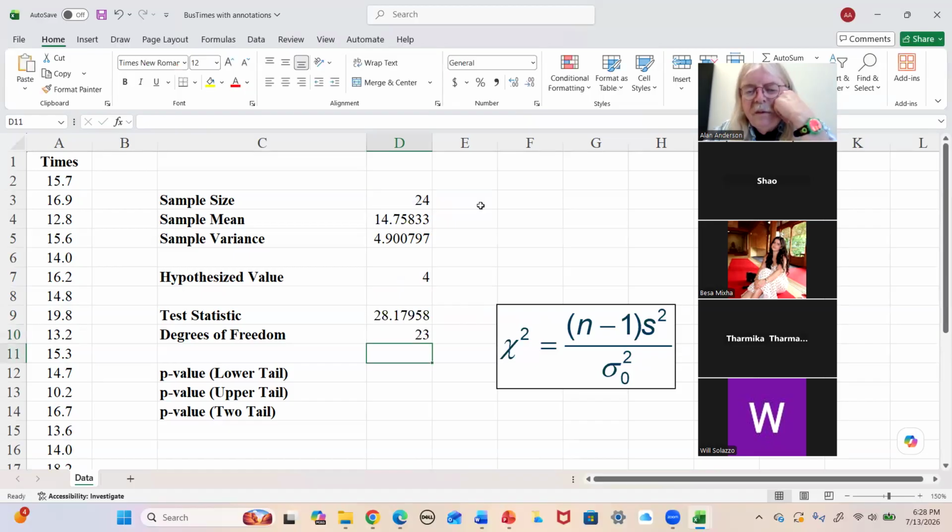Now, I went over this the other day, I went ahead and calculated the critical values and we did the comparison. Here, they're just asking us to do the p-values instead. And of course, the commands are a little different than what we're used to seeing.